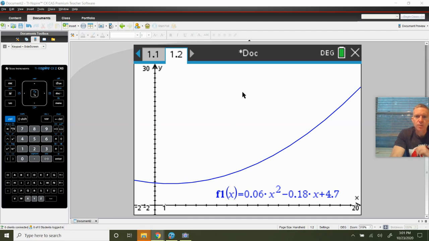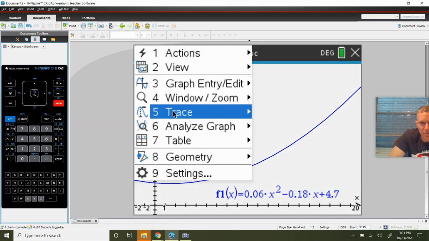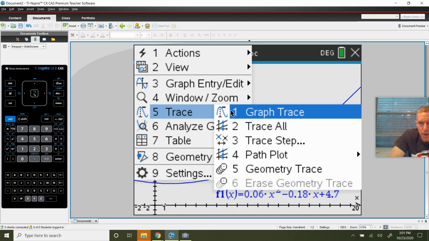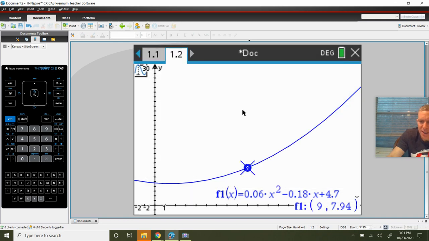Okay, so here's our graph. So if we plot this, we can plot some values. Again, that trace function is so great. Menu 5, 1. Now I can plug in any x value I want, hit 0 and enter. Notice over here, you've got the 0, 4.7. How high do I want to go?